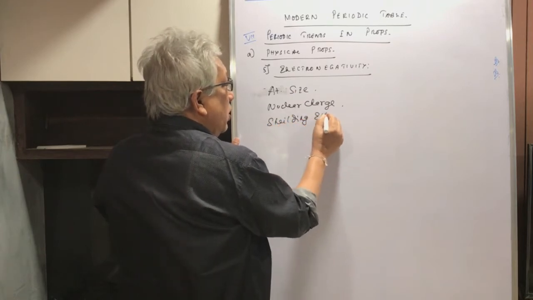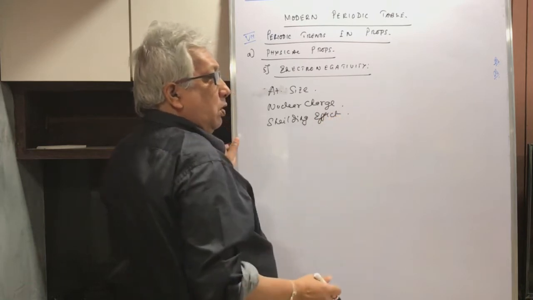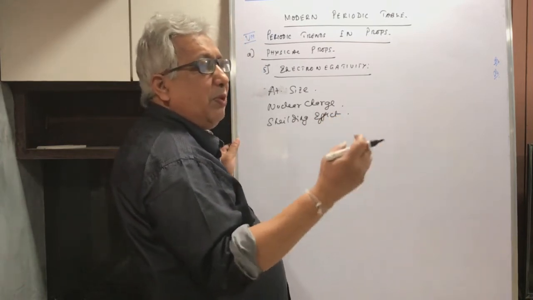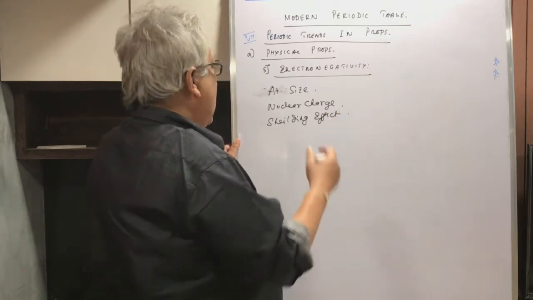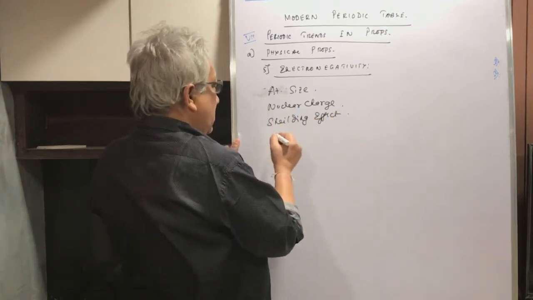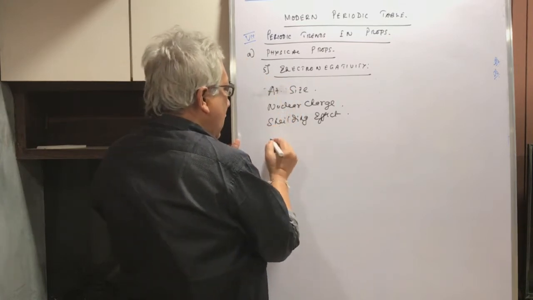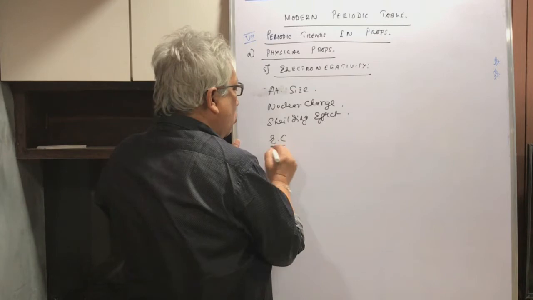If the shielding effect is more, then the attraction from the nucleus is less. And another thing that matters is atomic size, nuclear charge, shielding effect, and of course the electronic configuration.